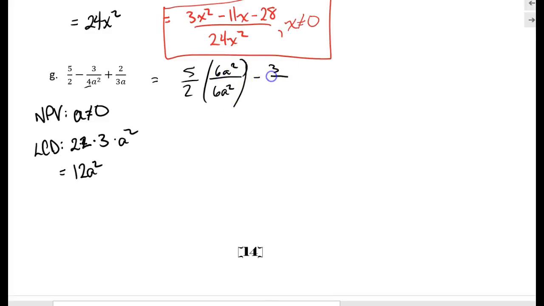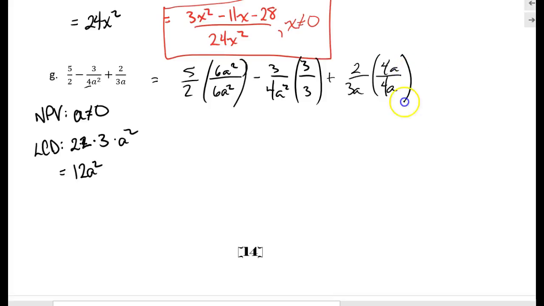Then 3 over 4a squared. I've got most of it already there. I just need to multiply by 3 to get that 12 to show up. And finally, I need to multiply by 4 to get that 12, and I need another a in the denominator here. So each one gets multiplied by something different.